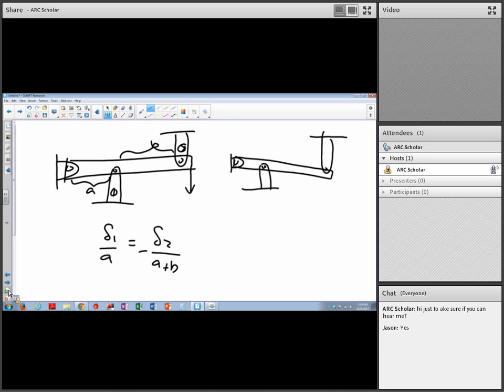If I'm pulling this way, this is increasing length, and this is pulling this way, and this is increasing length.